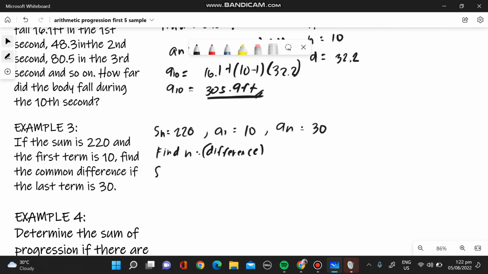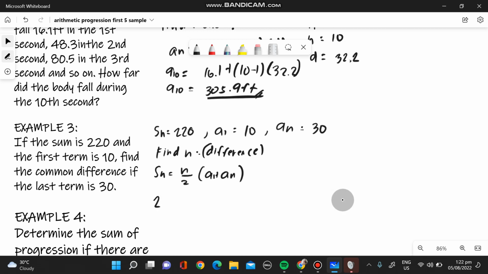So we have the formula Sn is equivalent to n over 2 times a1 plus an. It is also located in our notes, so you can just take note of that one. So we have the solution.